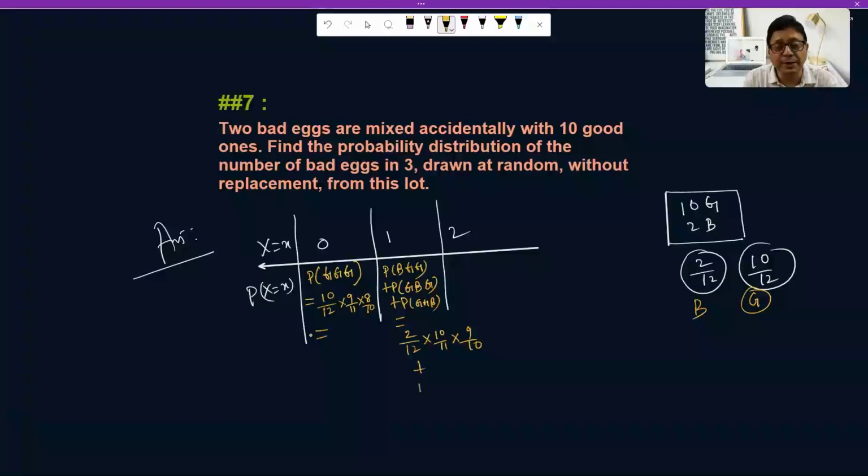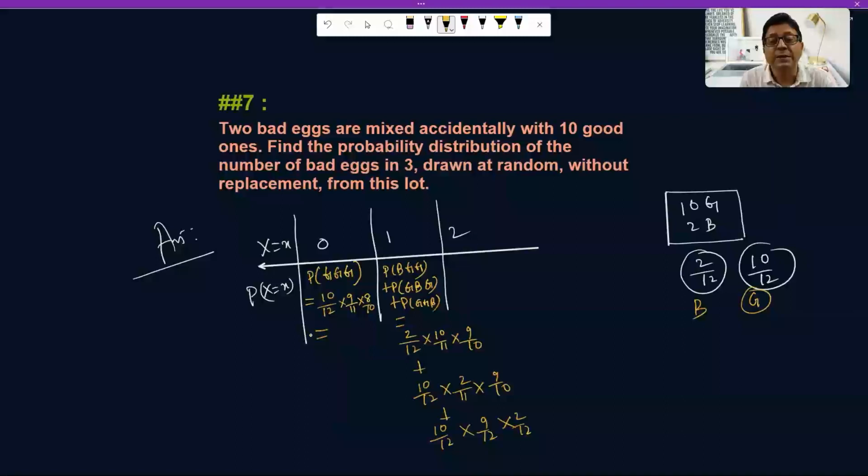What's the probability? Then bad. Bad how many? 2. 2 by 11. Then good, 9 by 10, plus good. First one 10 by 12, 9 by 12 and then bad one, it is 2 by 12. Hope you are understanding this situation.